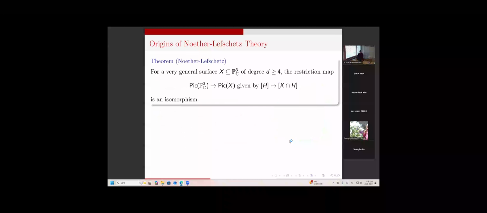So here's a general theorem due to Noether and Lefschetz. You can ask the question whether these are all the curves you can find on your surface X. And it turns out that this is true for a very general surface of degree at least 4. In that case, the restriction map from the Picard group of P3 to the Picard group of your surface is an isomorphism.